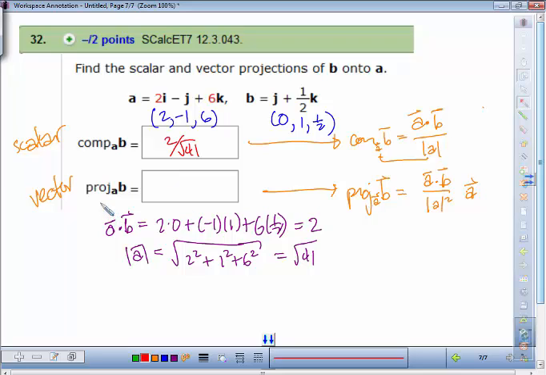The next one, projection of B onto A, so it's the same thing, except we're going to multiply it by the vector A. So for the vector projection problem, it's going to be 2 divided by 41. The square root of 41 squared is 41. Times, multiply it with a vector 2, -1, 6.